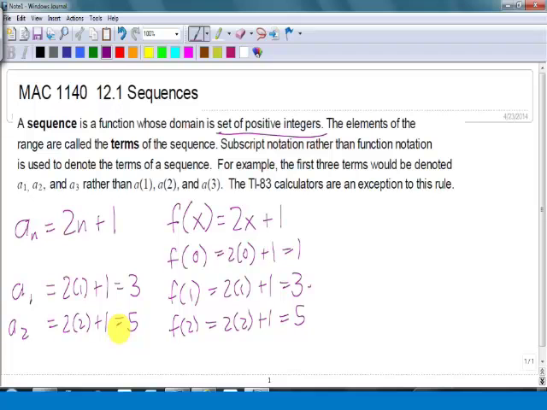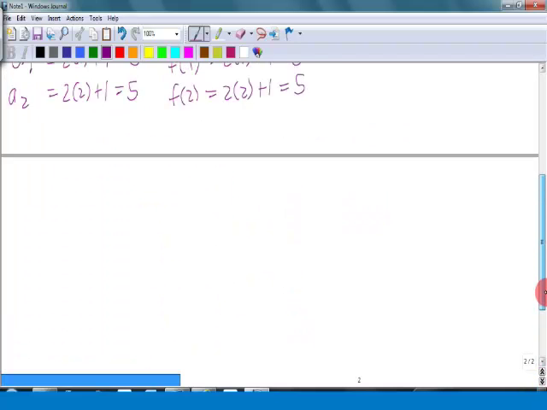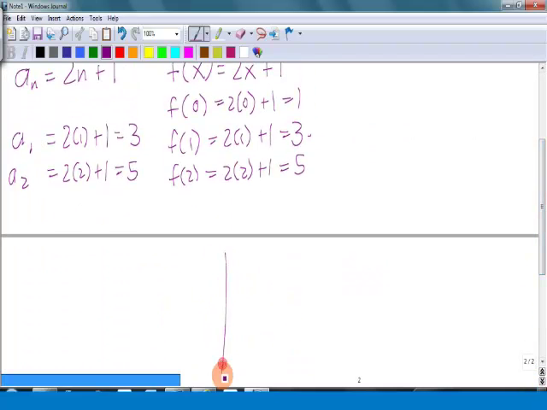Now, both of these we could sketch a graph. For the function, we put the x values along the horizontal axis and the function values, which we could also think of as y values, along the vertical axis. And if we're graphing the function, it would look like, let's see, 0, 1, 1, 3, 2, 5.